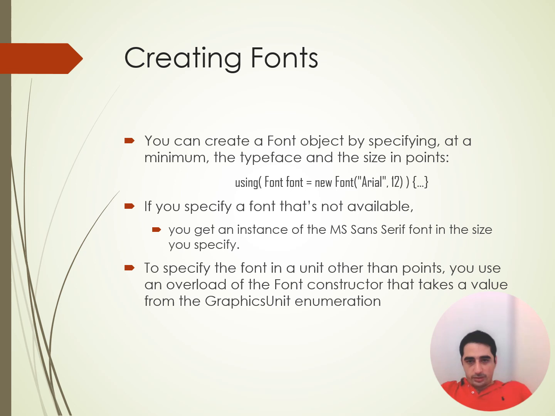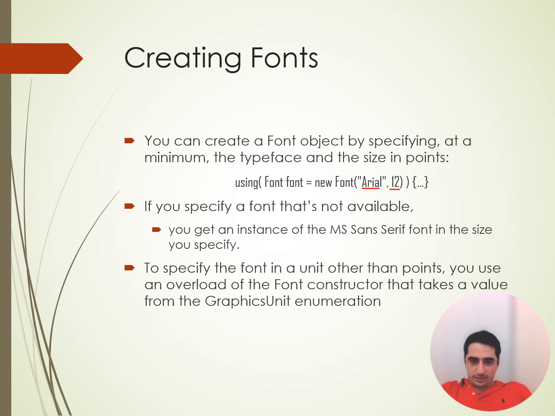You can create a font object by specifying at least two properties: one is the typeface name, and the other one is the size. For example, let's create a font with typeface name Arial and size 12. The size by default is in points.